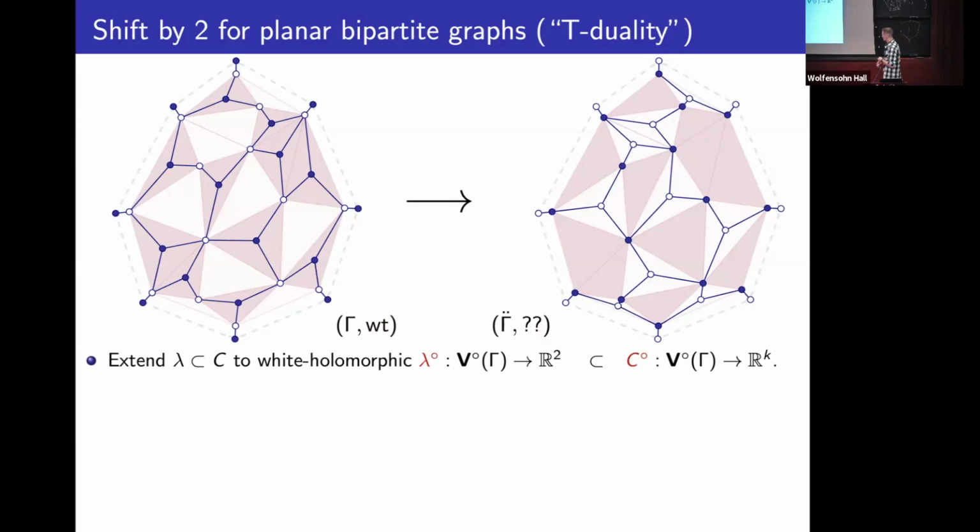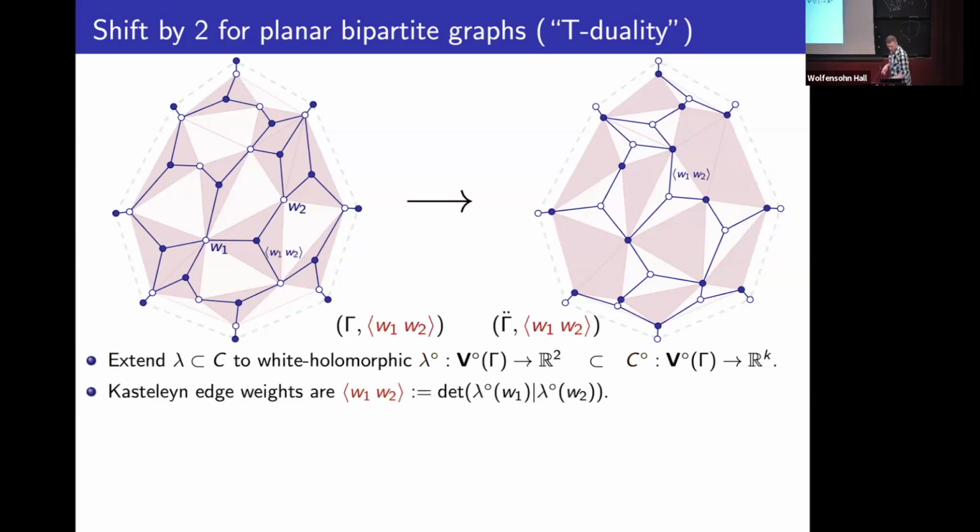and you can extend them to white holomorphic functions on the white vertices of gamma, as before. Once you know the extension of lambda to the white vertices, you can forget the edge weights. You know lambda is white holomorphic, so at each black vertex the values at the three white vertices satisfy a linear equation.